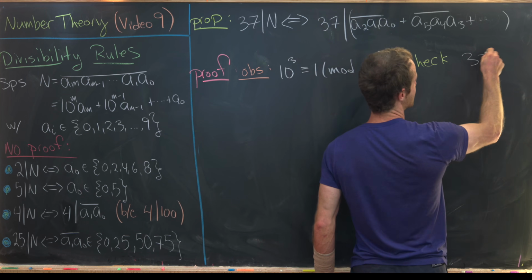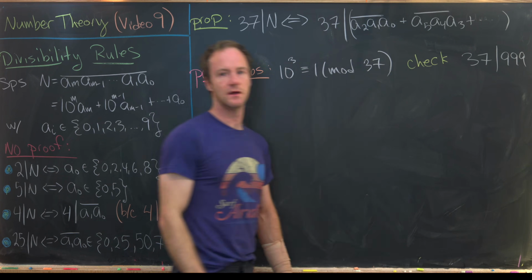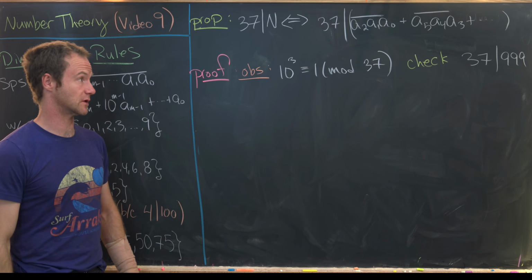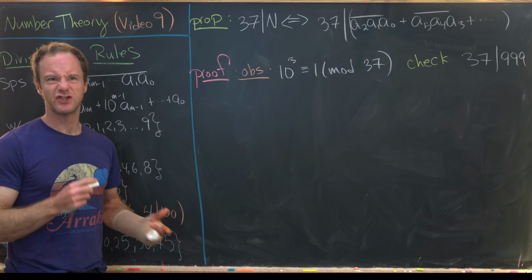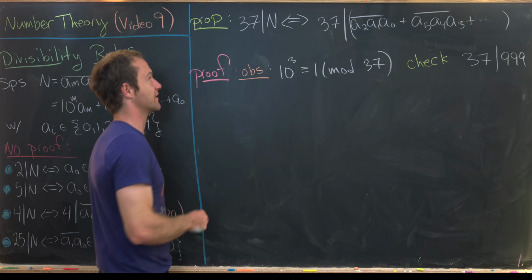So all you really need to do is check that 37 divides 999. That shouldn't be too hard to do using like elementary school arithmetic. Okay, but from there, we can just do essentially the same strategy that we did for the other proofs.